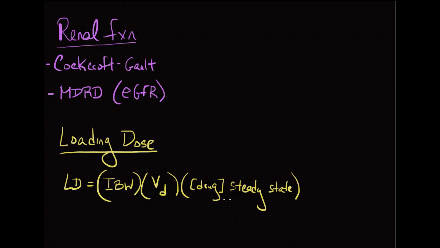You can use your pharmacist who can help you determine what's an appropriate steady state level, or you can use some literature because certain drugs have literature published that tell you what level you need to have in order to reach a particular therapeutic effect. So you plug that into here. You can get this from the package insert or online. You get this from an online calculator and you'll have yourself the loading dose.